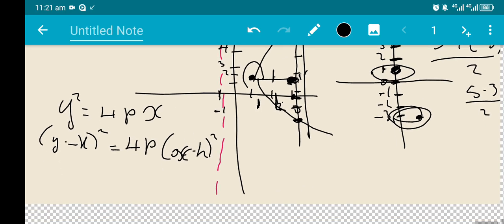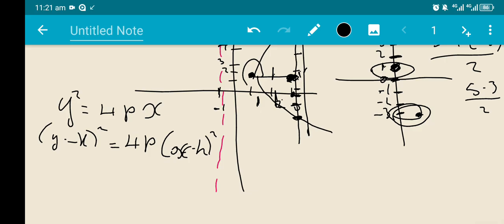Then what we're now going to do here is this. Let us look at h and k, because they're where it's centered. So where is this conic section specifically centered? It is centered at 1 comma 2. So this here is your h, this here is your k. Let's just substitute them directly in our equation.